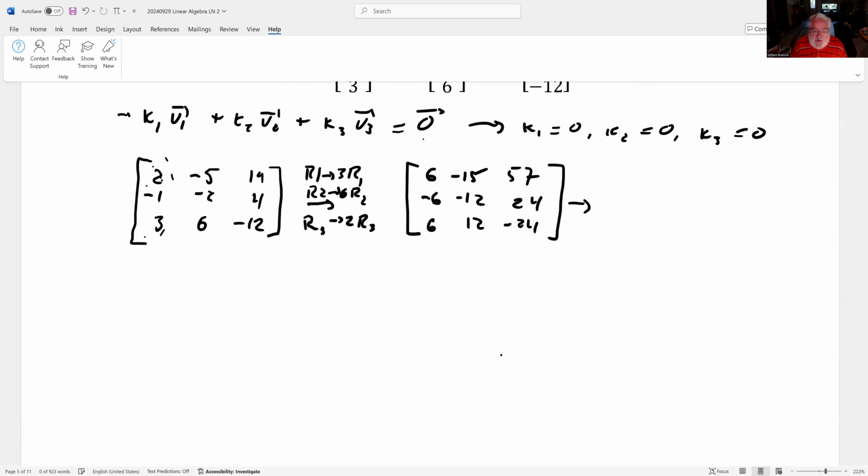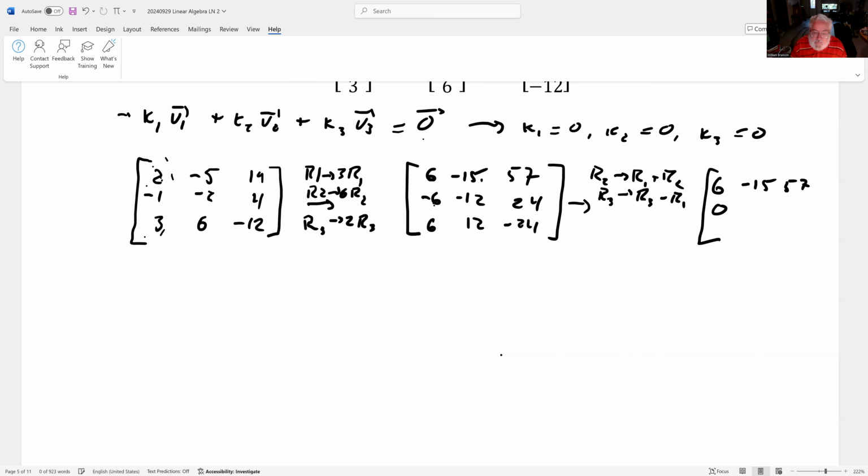And now we will take row 2 and replace it with row 1 plus row 2. And we'll take row 3 and replace it with row 3 minus row 1. So row 1 is staying the same. We're not tinkering with it in this step. Row 2 is 6 plus minus 6 is 0.